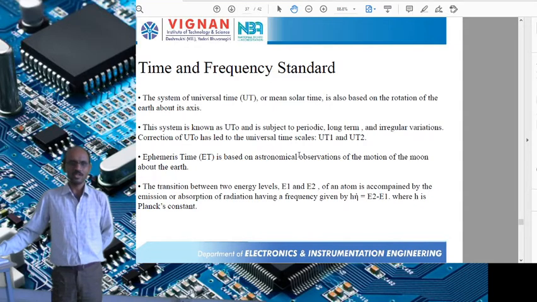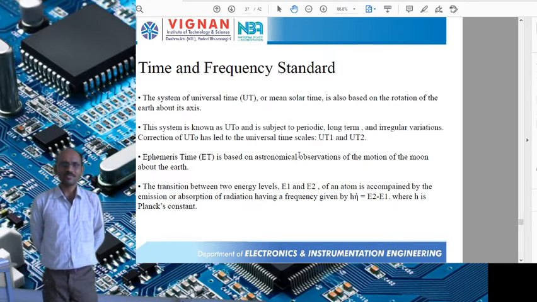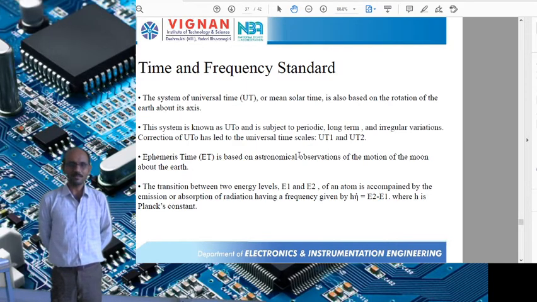If you want to use any standard, first of all you have to calibrate it frequently. Only then will the standard be good for taking measurements. So in the ET standard, the main drawback is that the calibration process cannot be done frequently. These are the main drawbacks in UT or mean solar time and the ET standard.